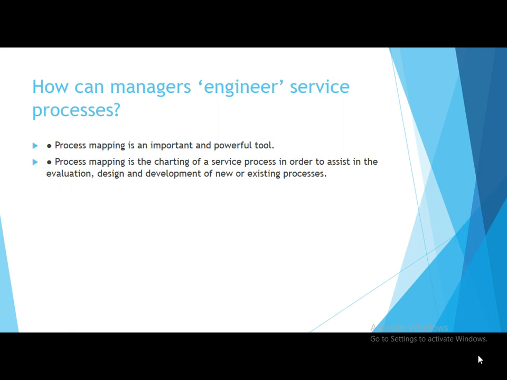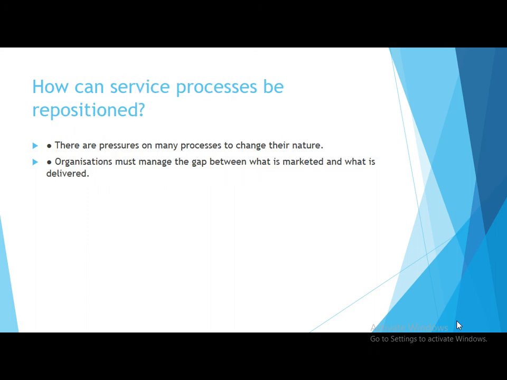Next is how can managers engineer service processes. Process mapping is an important and powerful tool. Process mapping is the charting of a service process in order to assist in the evaluation, design and development of new or existing processes. How can service processes be repositioned? There are pressures on many processes to change their nature.